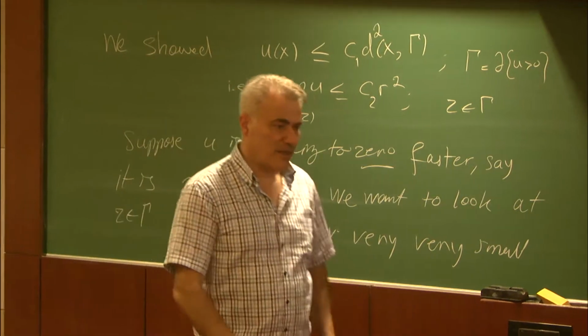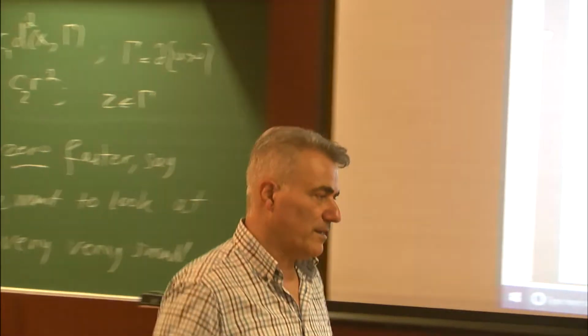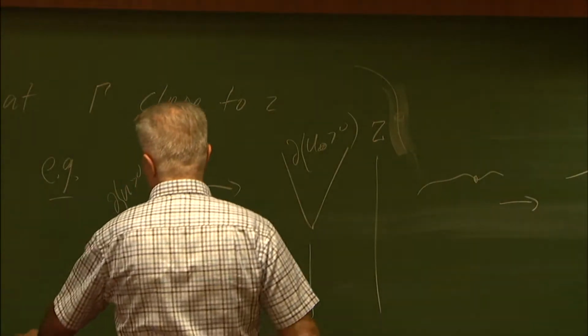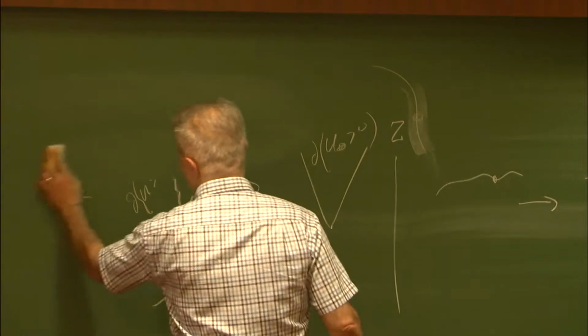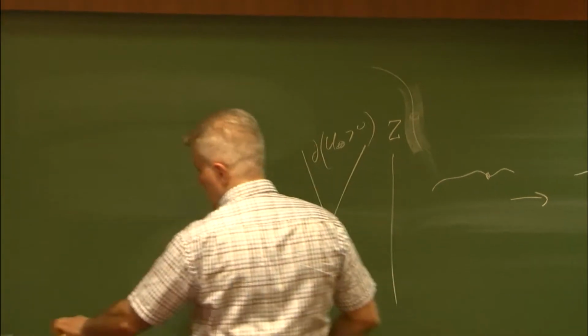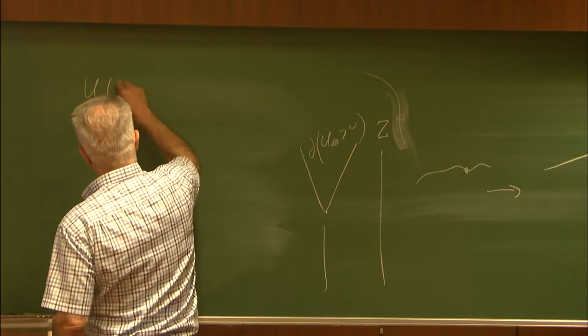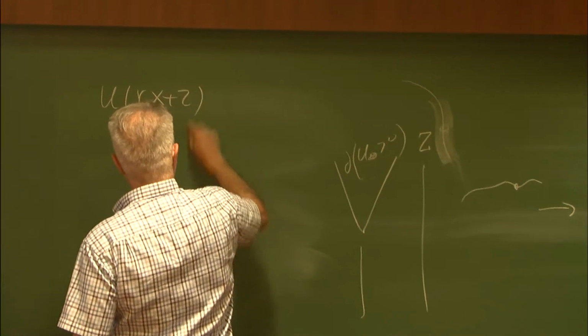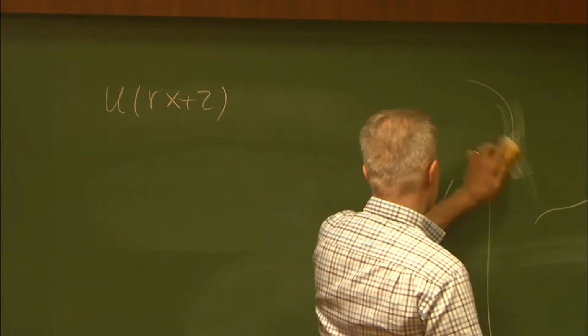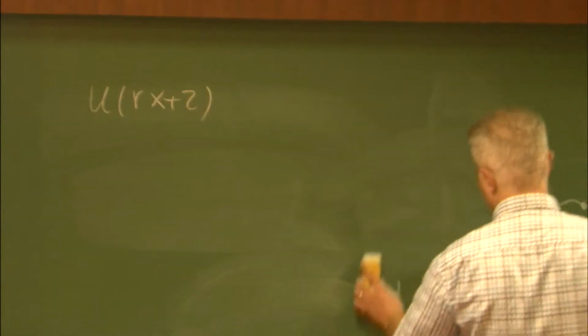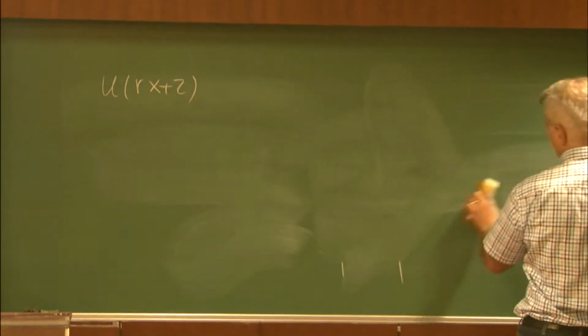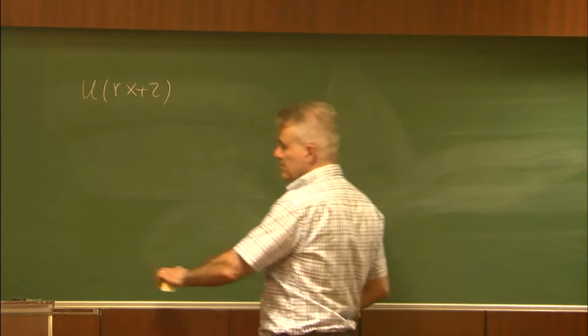Okay, so the technique for this is, of course, scaling, because you cannot get to the point geometrically, you work with functions. So you look at, zoom the function. So how do you zoom the function?